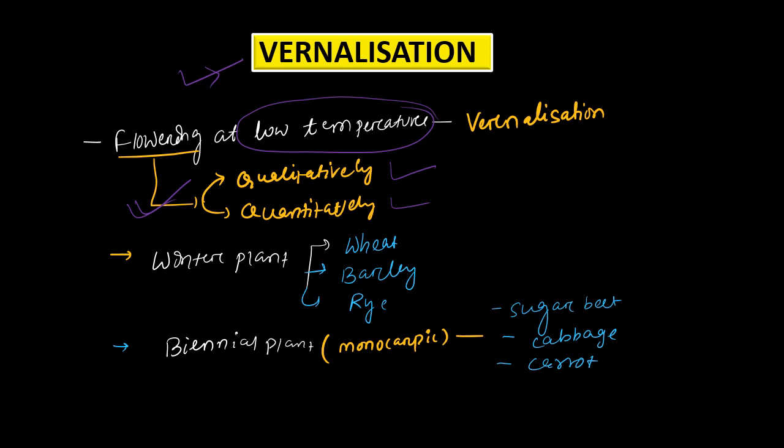One of the conditions: winter plants like wheat, barley and rye are the most important examples. Winter plants like wheat, barley, rye show this condition, and biennial plants like sugar beet, cabbage and carrot also show this condition.